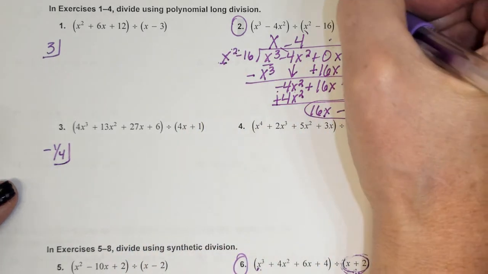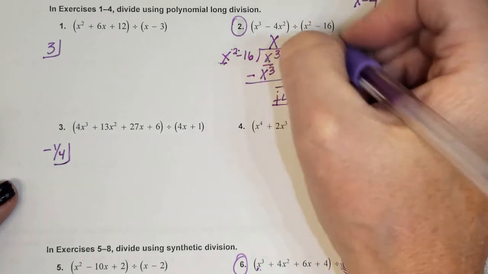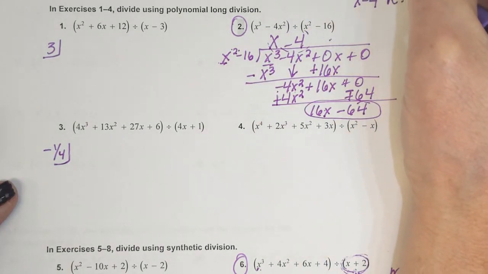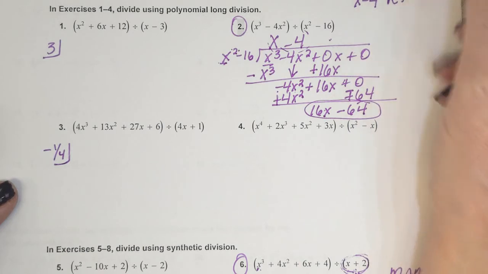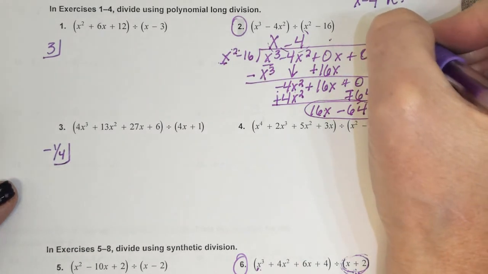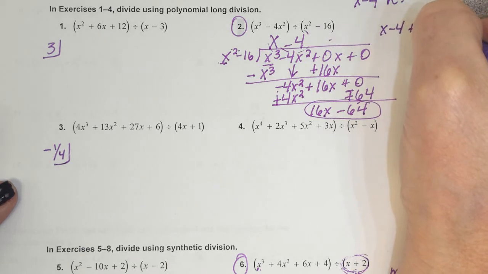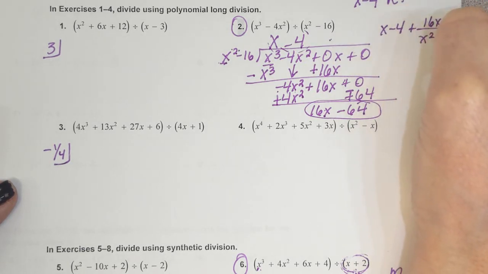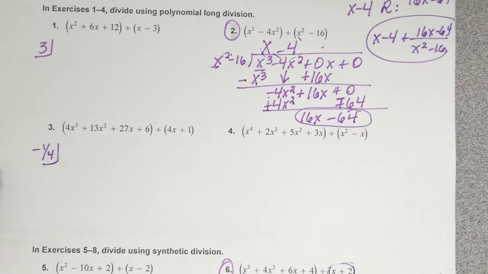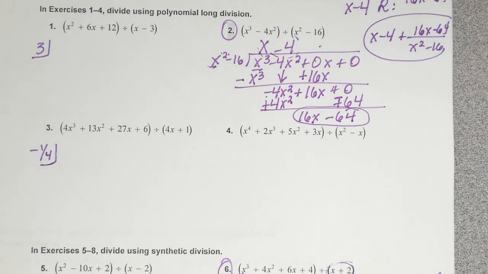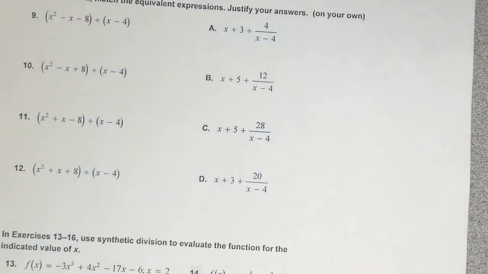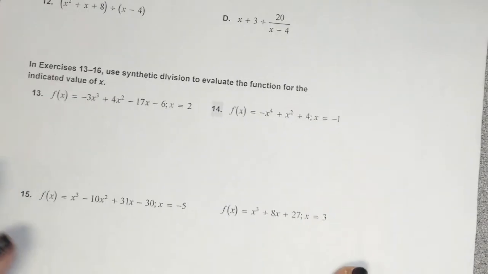So my answer is x minus 4, that's my quotient, remainder of 16x minus 64. Or I could even write it like this. I could do that too. All right? Okay, let's go over here to the next page, and we're going to just practice one more synthetic.